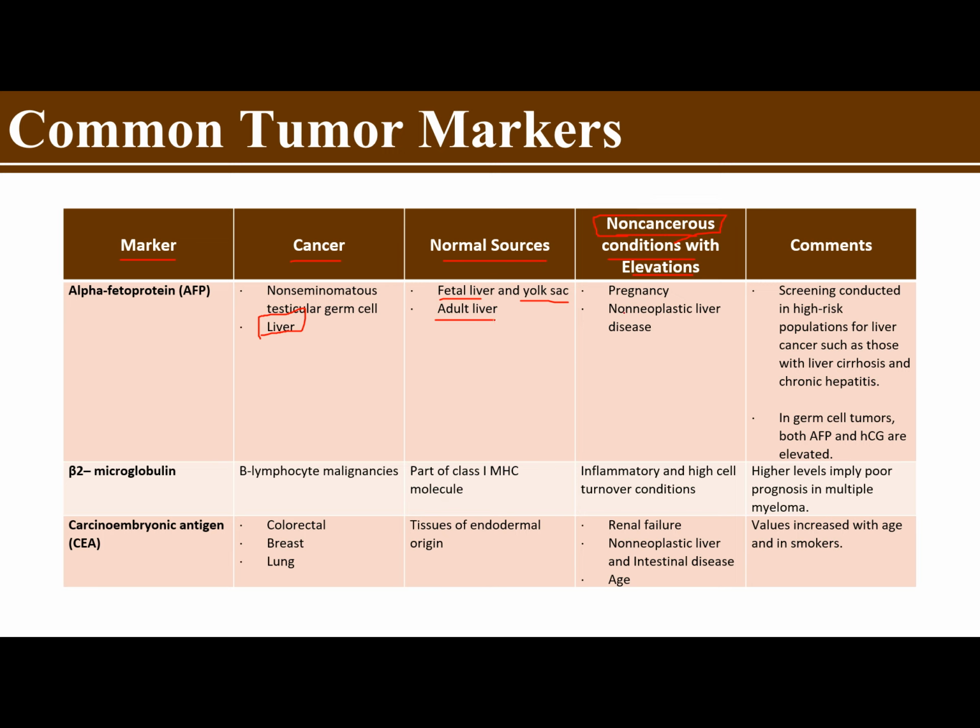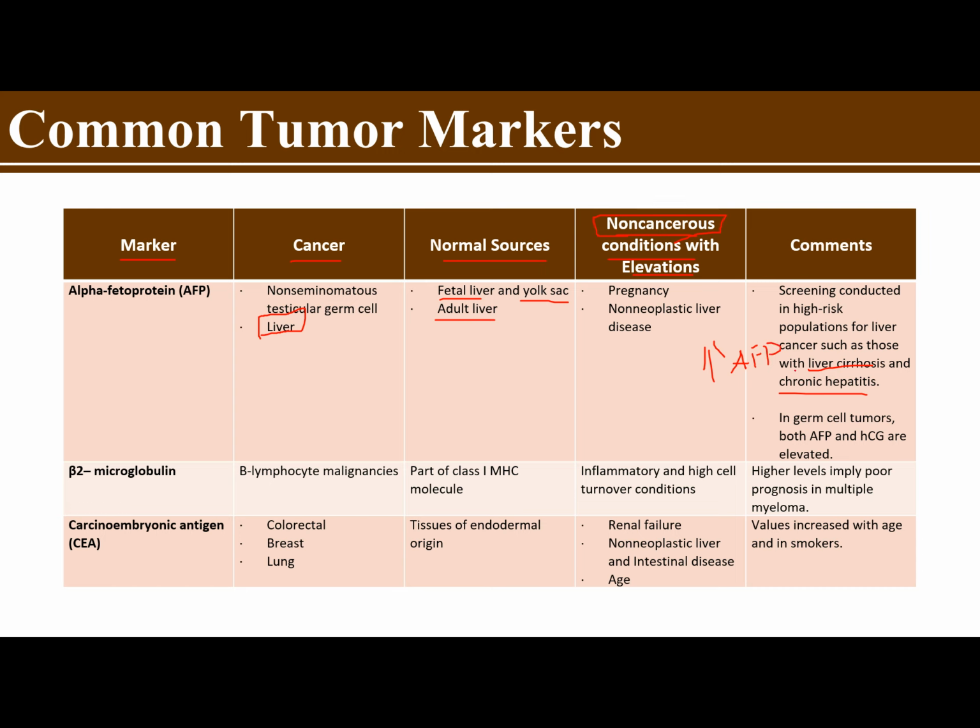Now, they become elevated in conditions such as pregnancy and non-neoplastic liver diseases. Comments here would include that screening is conducted in high risk populations for liver cancer, such as those with cirrhosis and chronic hepatitis. So, if you have cirrhosis or hepatitis, class, you tend to have higher AFP.